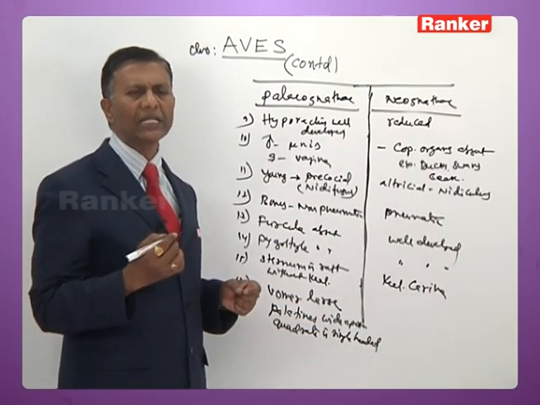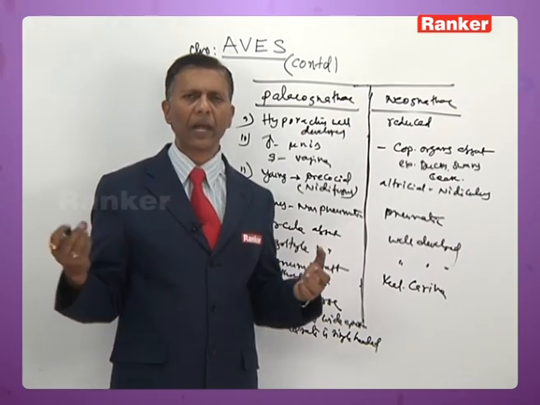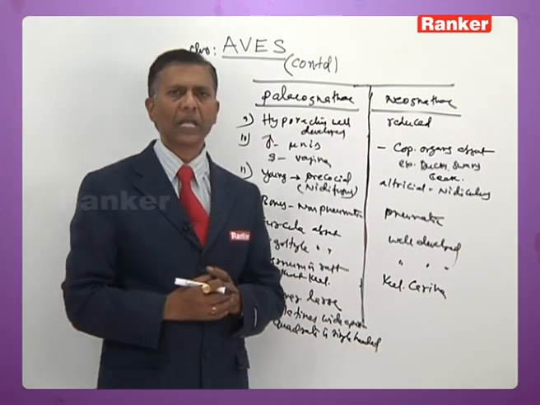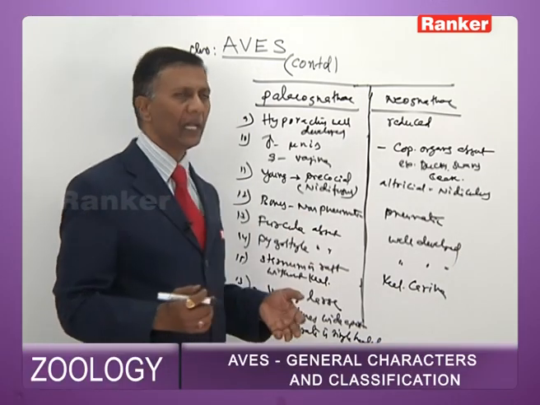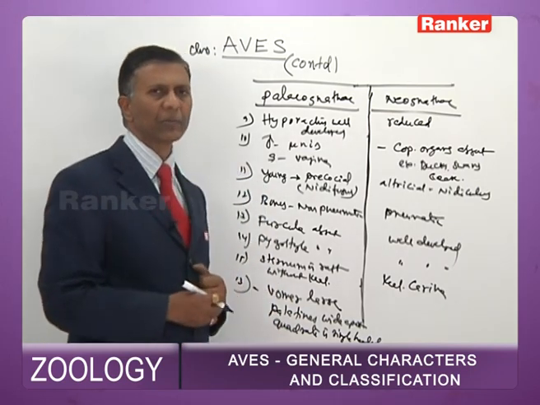The vomer bone that lies in the palate region is large and lies between the two palatines, so the palatines are pushed wide away from each other, and the quadrate bone is single-headed. In neognathae, that is flight birds, the new type of jaw suspension is present.